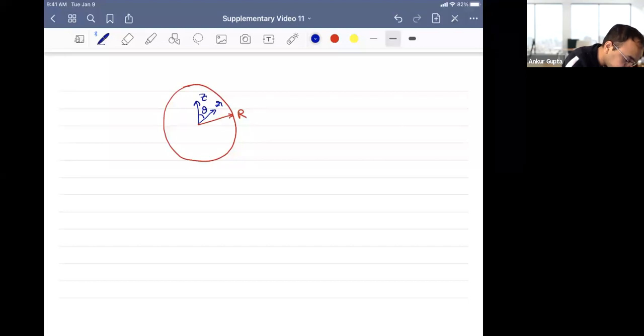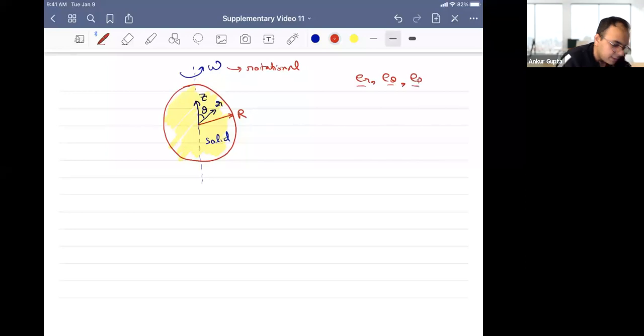So what is happening is that the sphere is rotating about the z-axis. There is a rotational speed omega. This is a solid sphere with constant rotational speed omega, and we'll use e_r, e_theta, and e_phi.